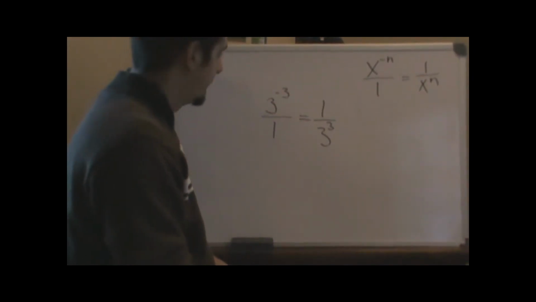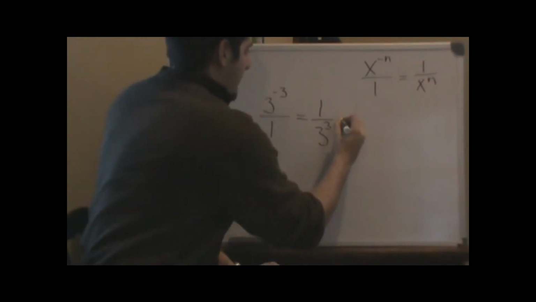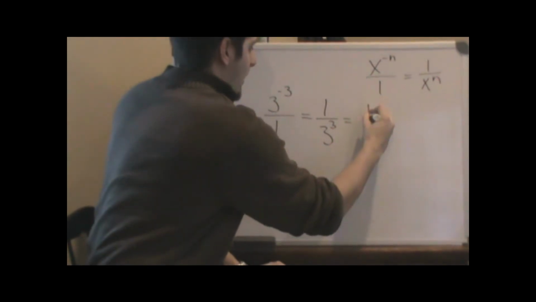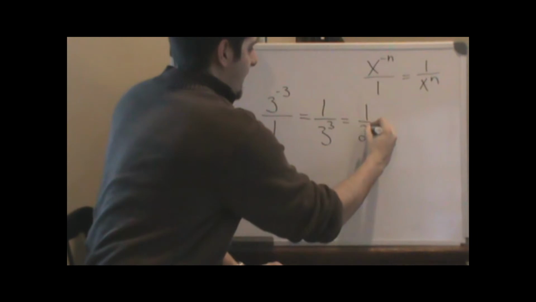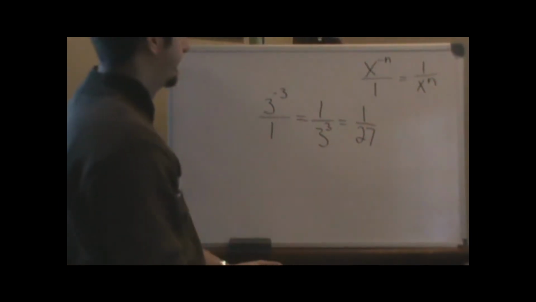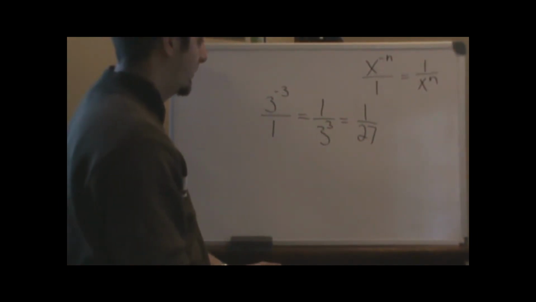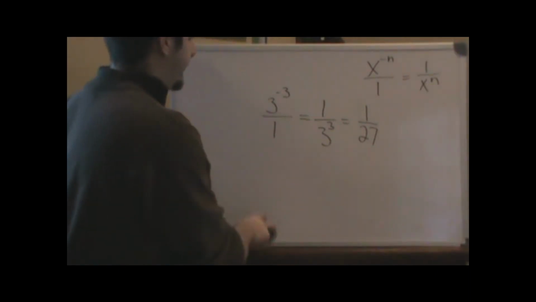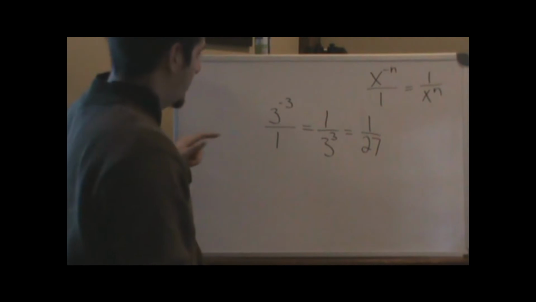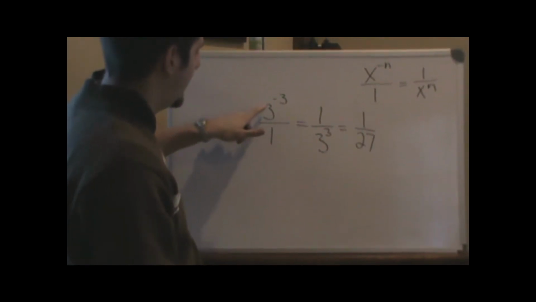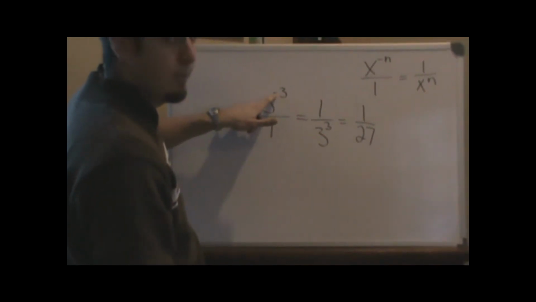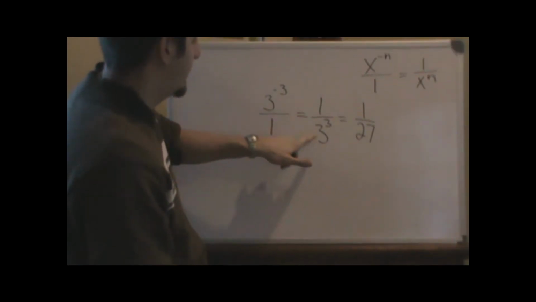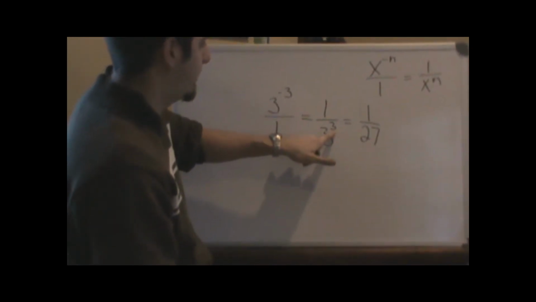In other words, it equals 1 over 27. So if I take the 3 to the negative third power and I move it to the bottom of my fraction, the power becomes positive.